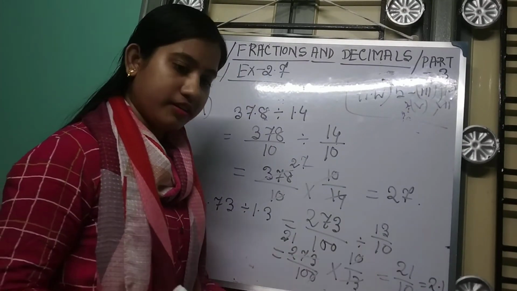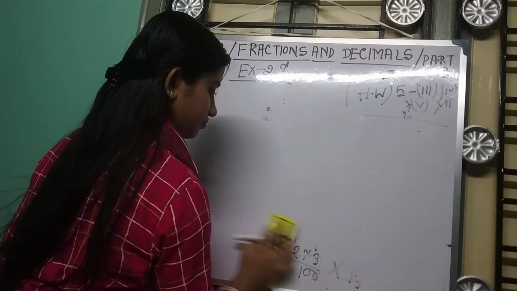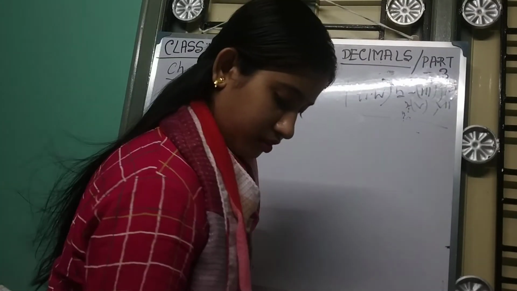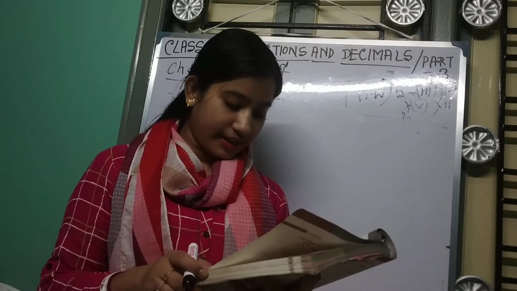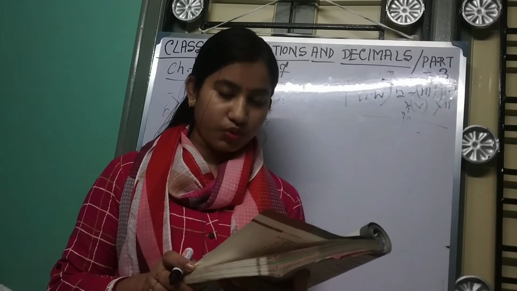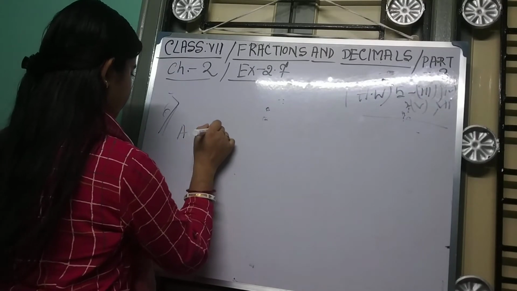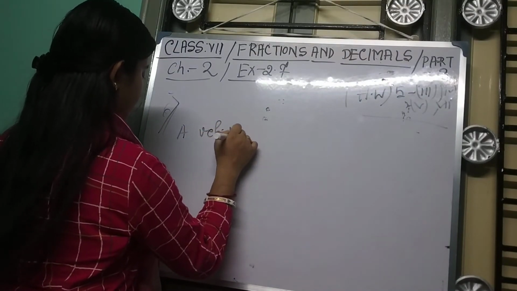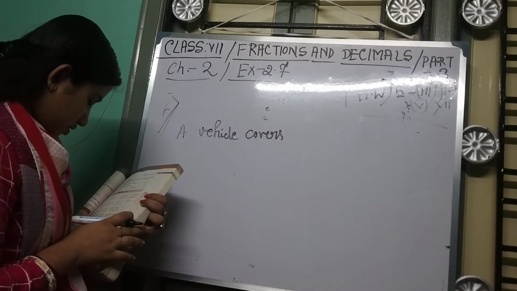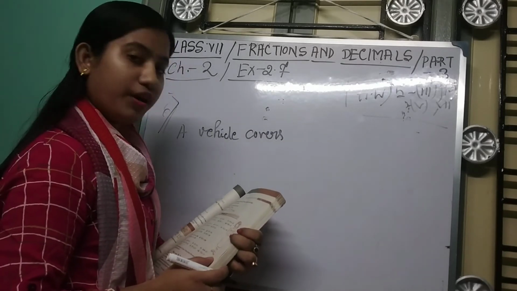And next, number 6. Here given a vehicle covers a distance of 43.2 km in 2.4 liters. So write this as: covers 43.2 km in 2.4 liters.